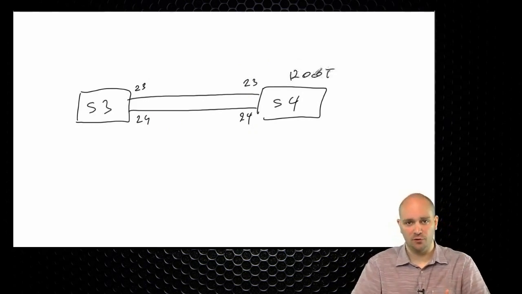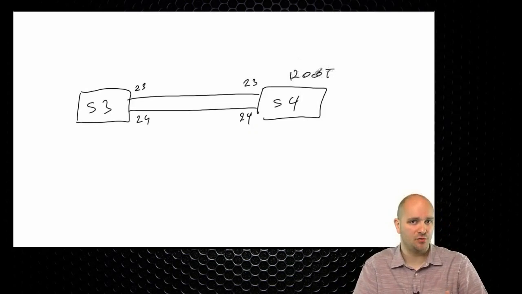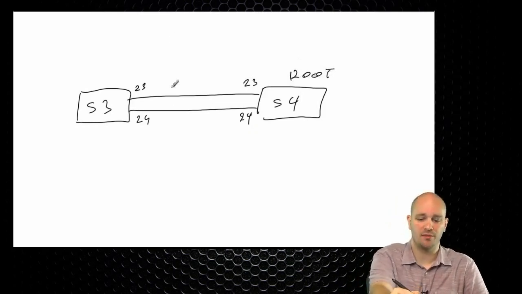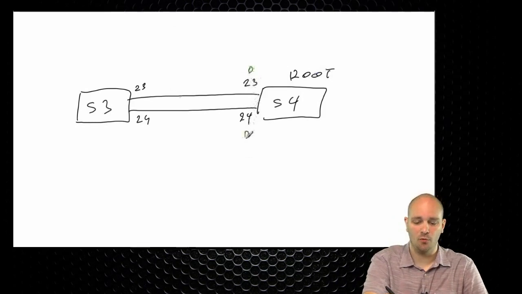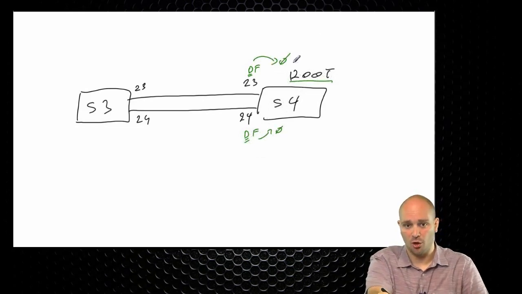Given all the default values otherwise, what will be the actual spanning tree topology that we are going to end up with? Well, port 23 would be a designated port, port 24 would be a designated port, and as such, they would be forwarding. They are going to be designated ports because these are the ports on switch 4, which is the root, and their cost to reach the root is 0, and there cannot be a lower cost than that.